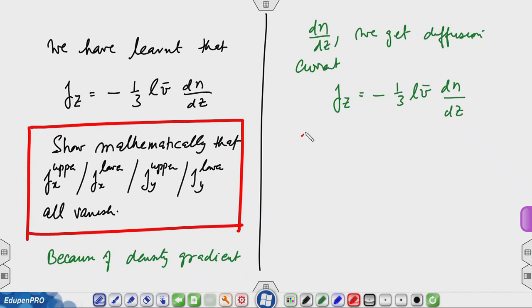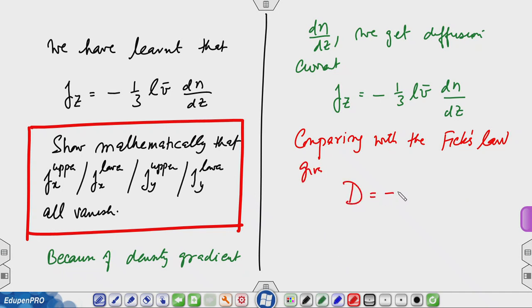And comparing with the Fick's law gives D equals L V bar divided by 3. That's the diffusion coefficient.